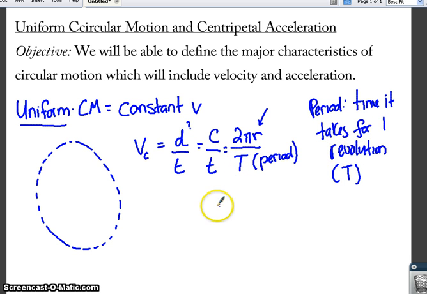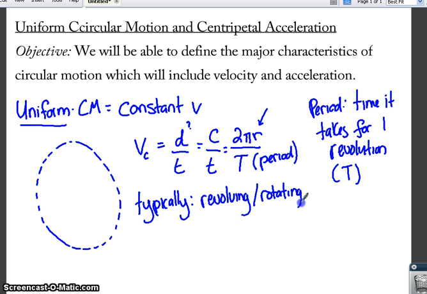Typically when we're talking about circular motion, we are talking about things that are going round and round, over and over, revolving or rotating. So the period is the time for one revolution.